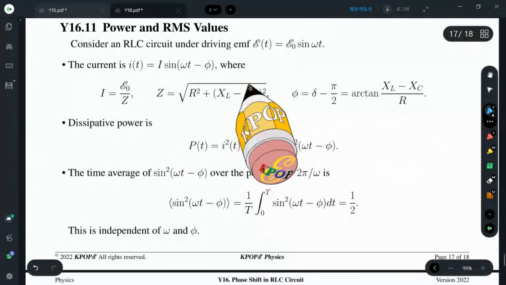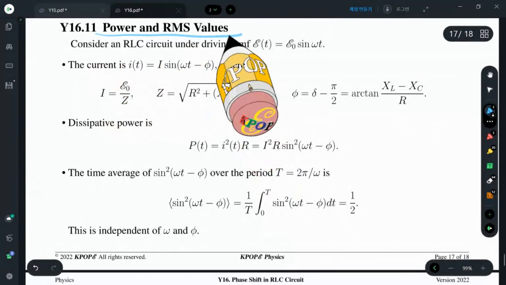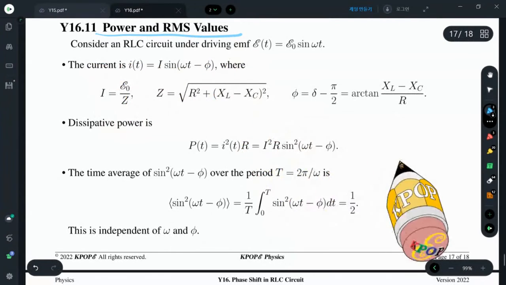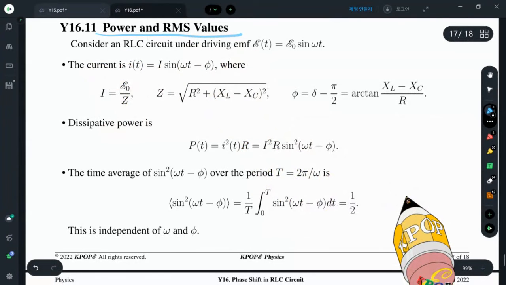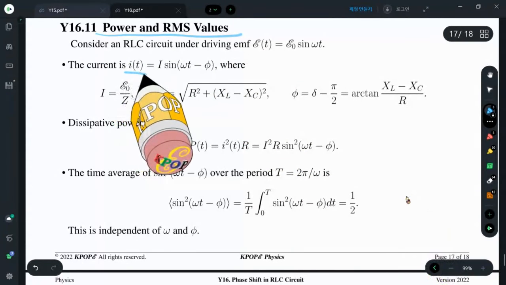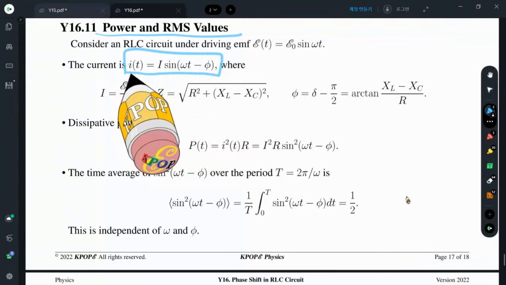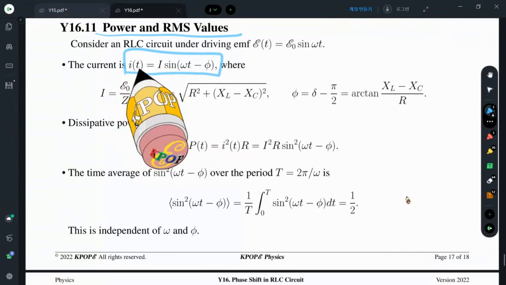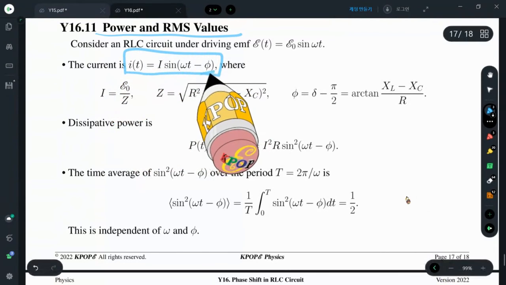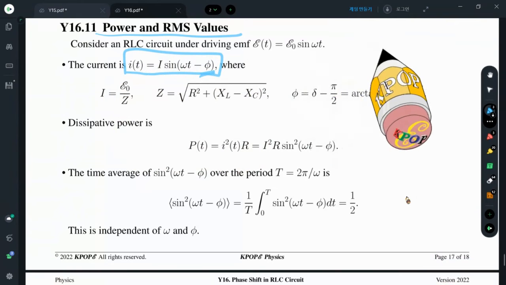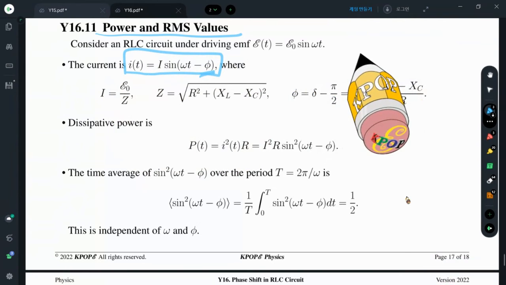And the same is true for the calculation of power or an RMS value. As I repeatedly told you, the current I is the reference and whose phase shift is named by phi instead of delta.